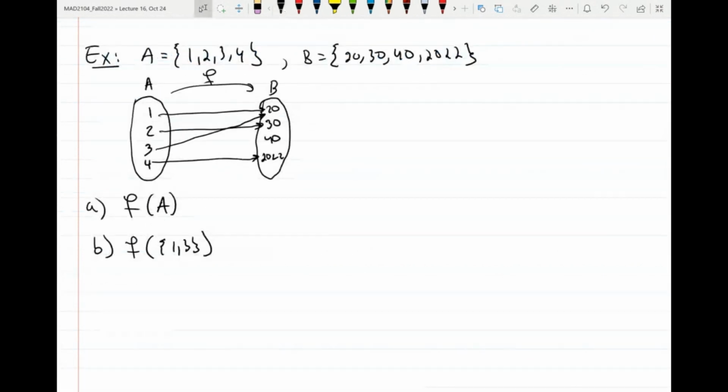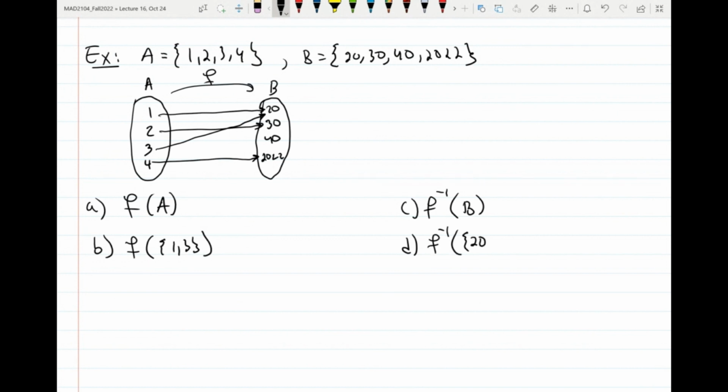Then let's do the inverse image of B. Then let's do the inverse image of the singleton 20. When we write it like this, sometimes you will see people writing this, but technically, it's really the set containing 20, okay?